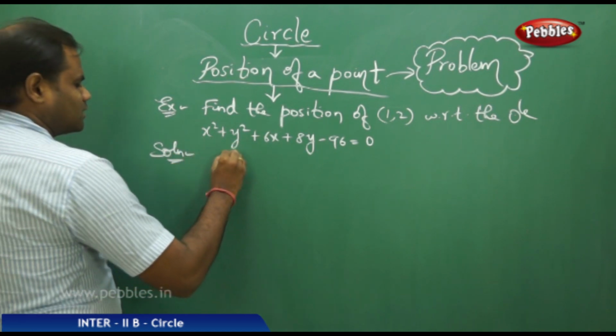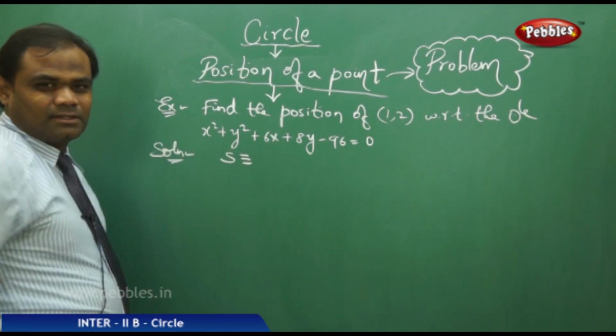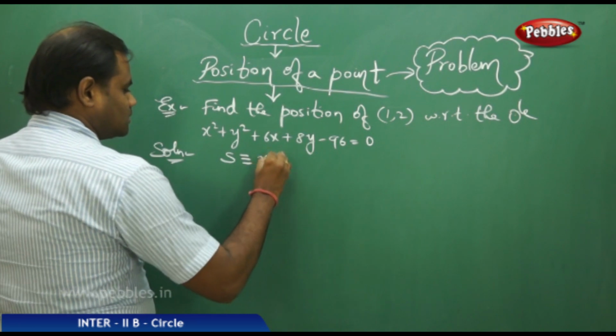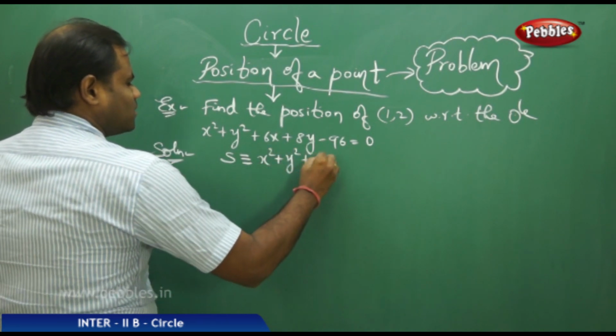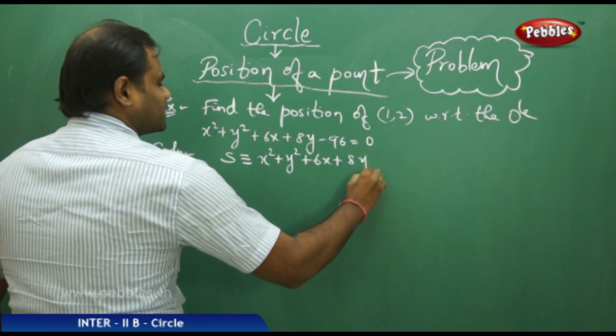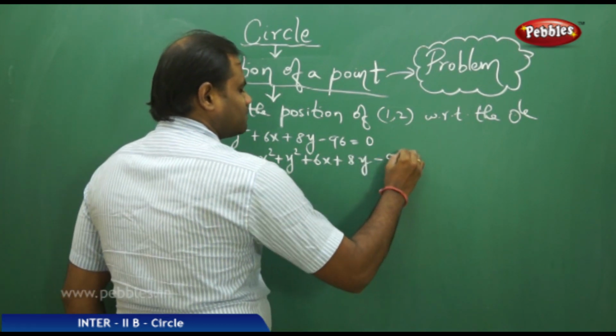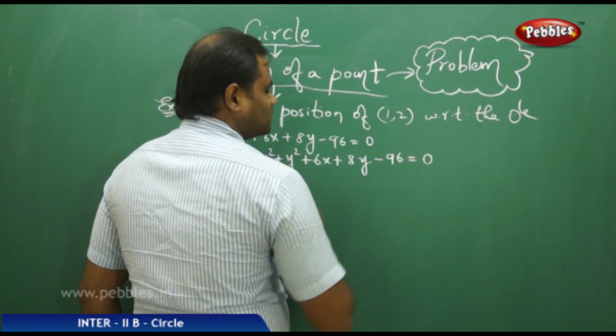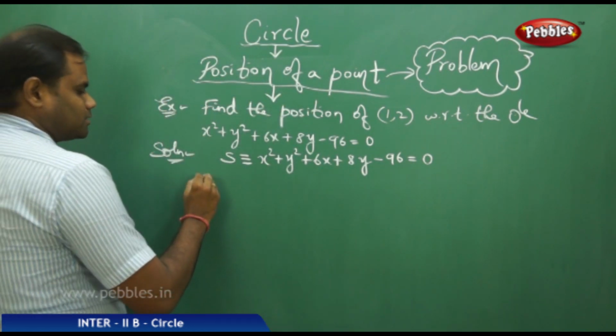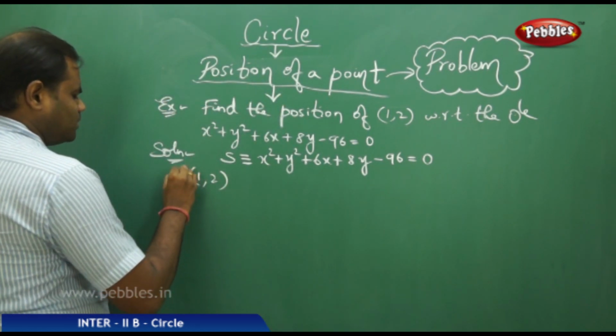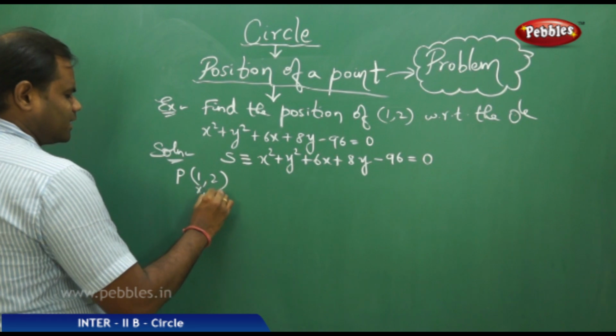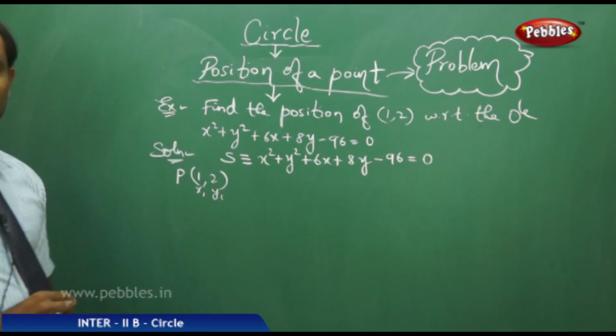Now the equation of the circle, which we denote with S for the general form, is x squared plus y squared plus 6x plus 8y minus 96 equal to 0. And the point is P(1, 2), where this is x1 and this is y1.